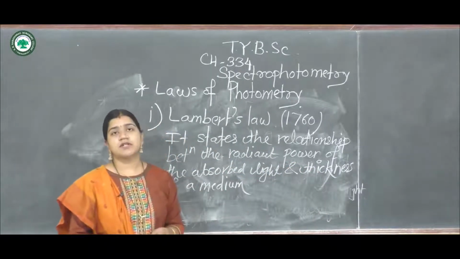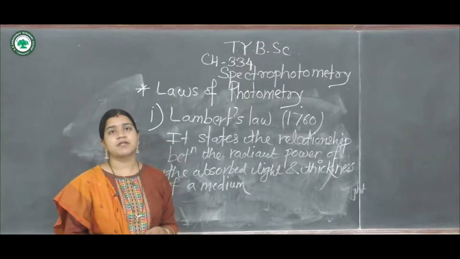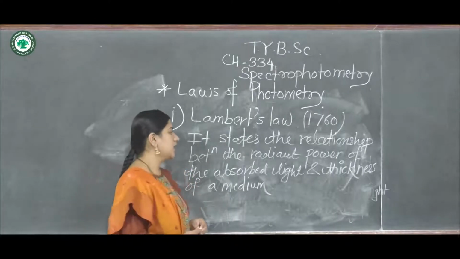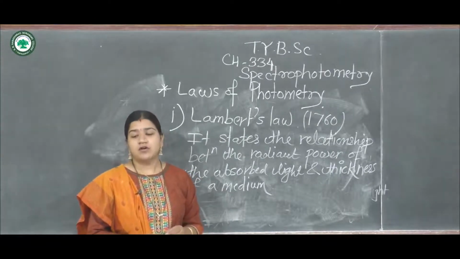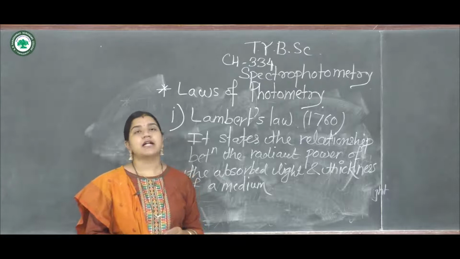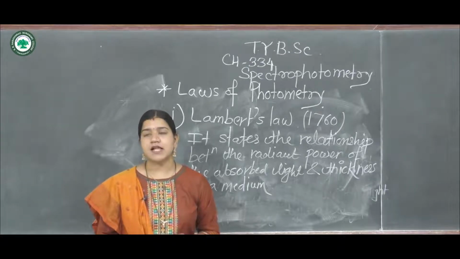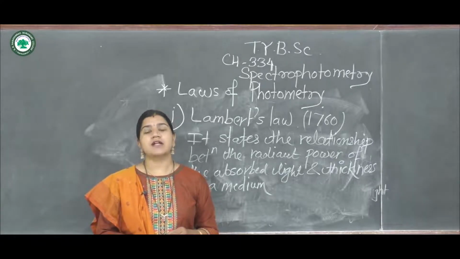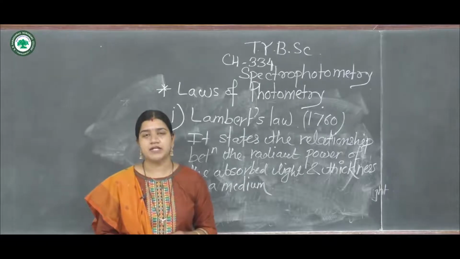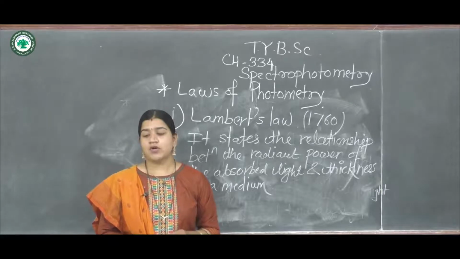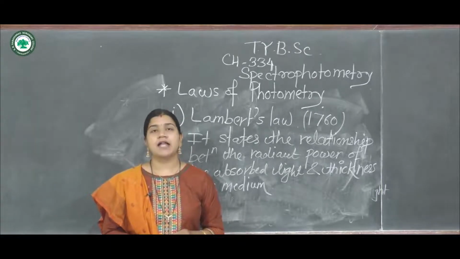So this is our first law, which discusses the relationship between the radiant power of the absorbing medium and its thickness. What is the statement or definition of Lambert's law? When a beam of monochromatic light is allowed to pass through a transparent medium, then the rate of decrease of the radiant power with the thickness of the medium is directly proportional to the radiant power of the incident light.